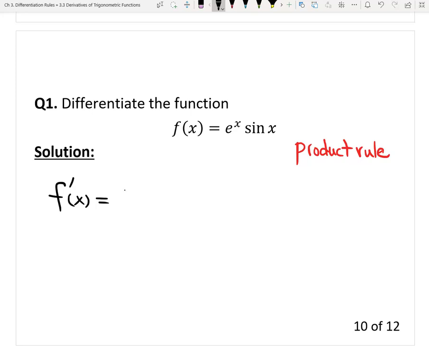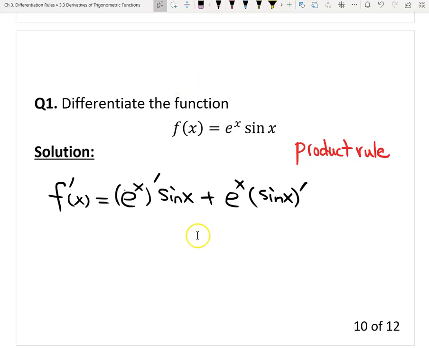The first, take a derivative, which is e^x, times the second, plus the first times the second function's derivative. Can you see? This is the product rule, and the pattern is easy to see. Still the same order: the first term is the first's derivative, the second term is the second's derivative.